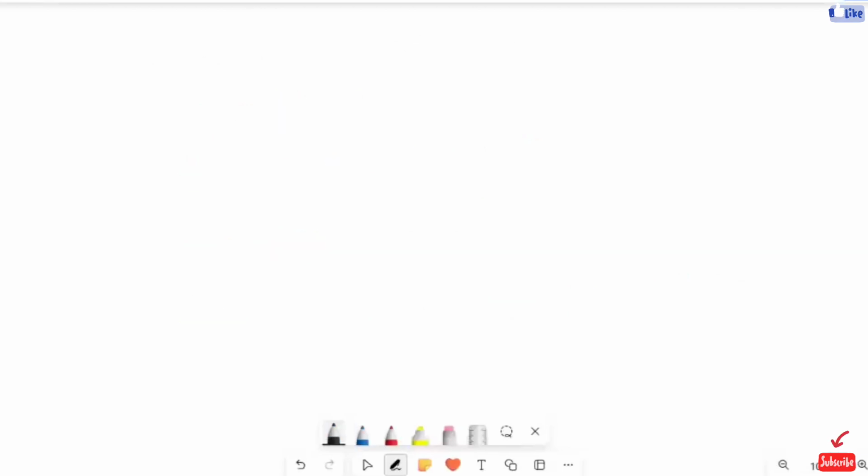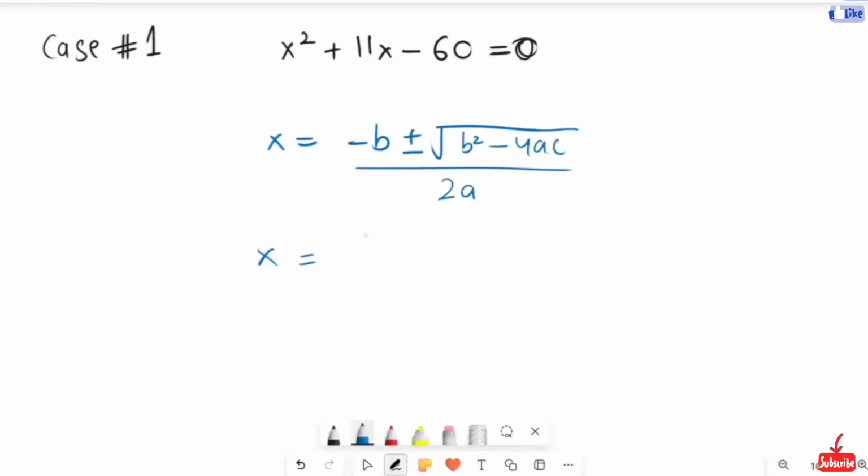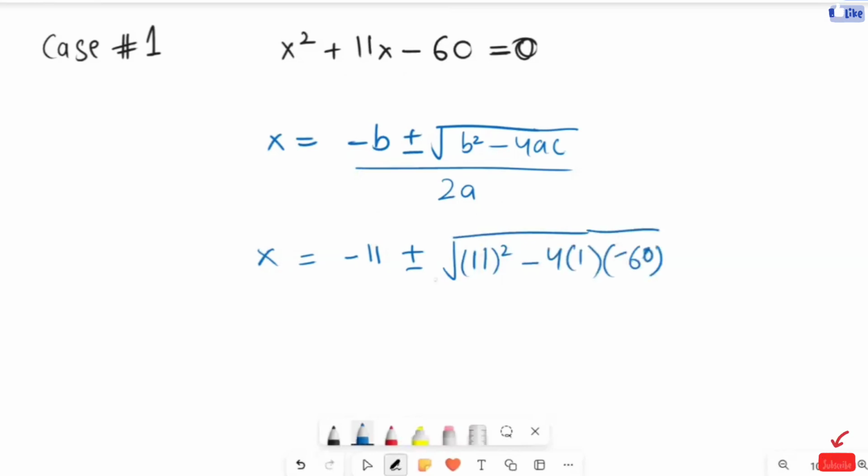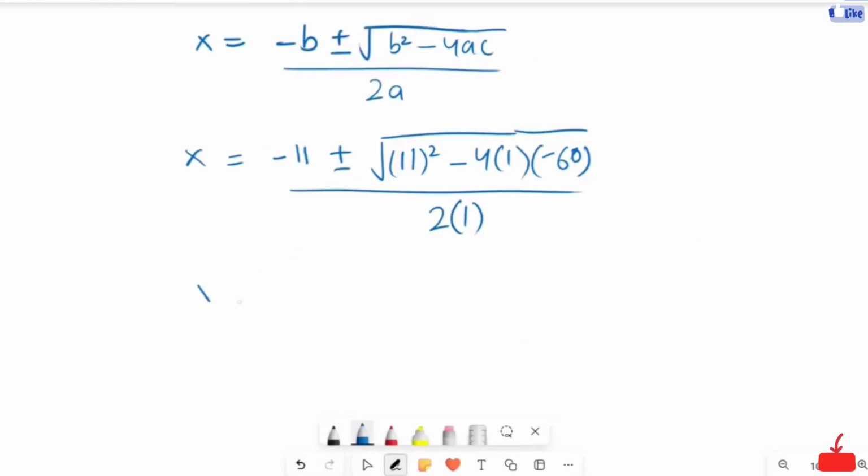Now I am going to solve case 1. So our case 1 equation we have x squared plus 11x minus 60 is equal to 0. Now I am going to write the quadratic formula, that is, now I'm going to plug in the values. Now the next expression we get.